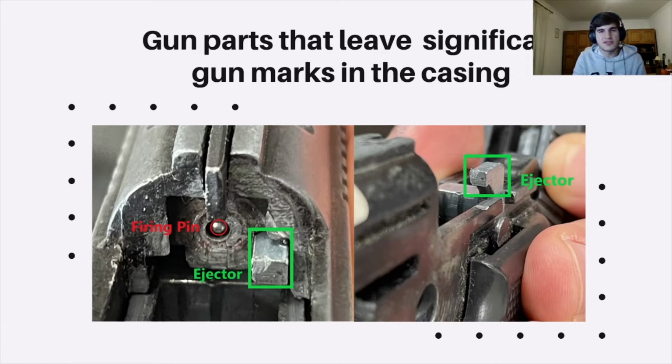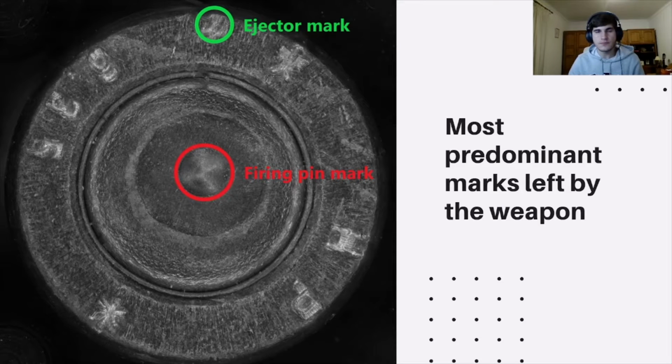These are the parts I was talking about. So we have the ejector, which causes the ejection of the cartridge from the weapon, and the firing pin, which is what causes the bullet to be fired. And these are the marks that these components leave. We have the firing pin mark and the ejector mark.